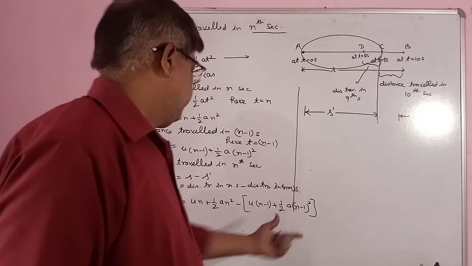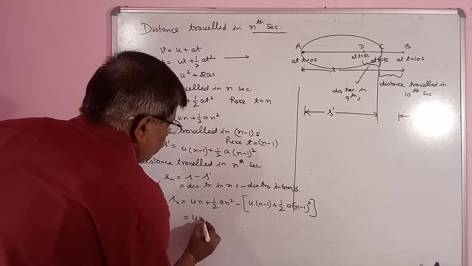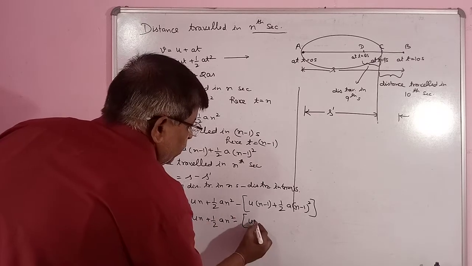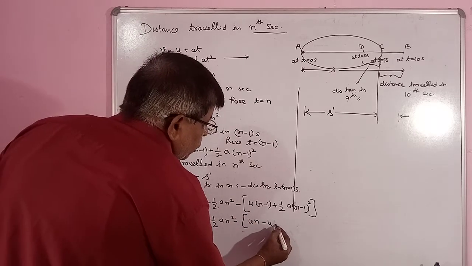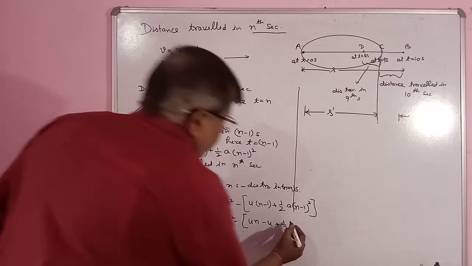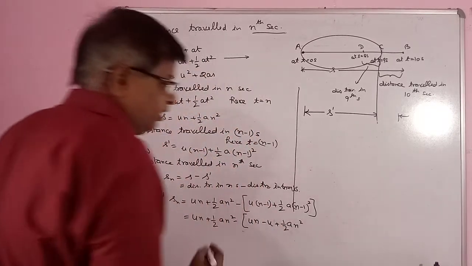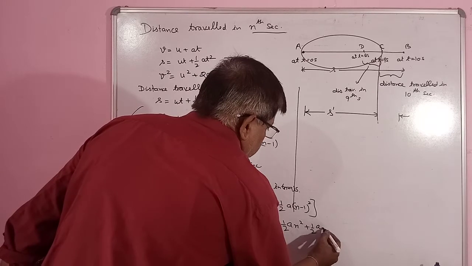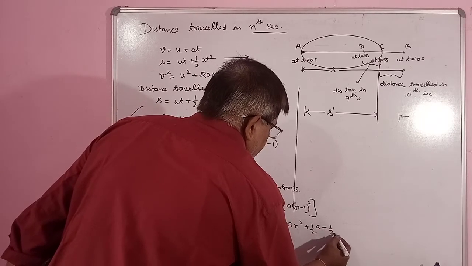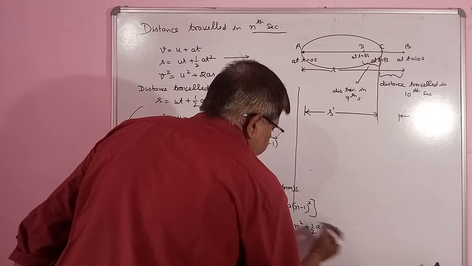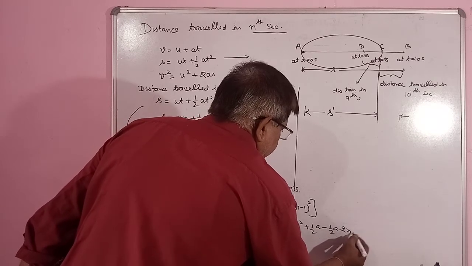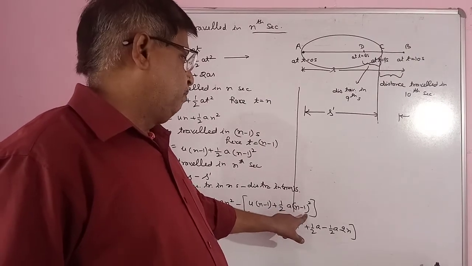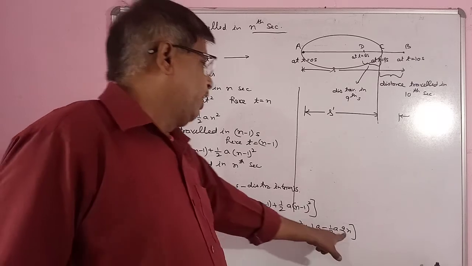Now open this. un plus half an square minus un minus u plus half a into n square plus 1 minus 2n.